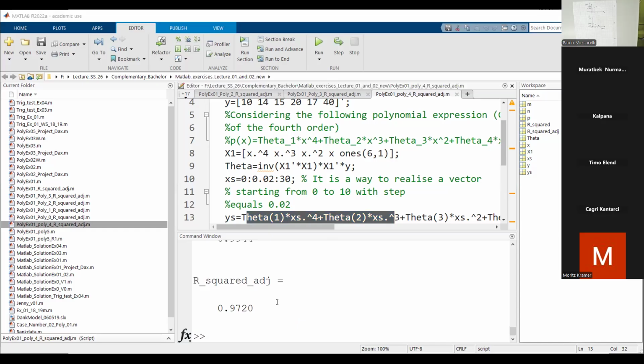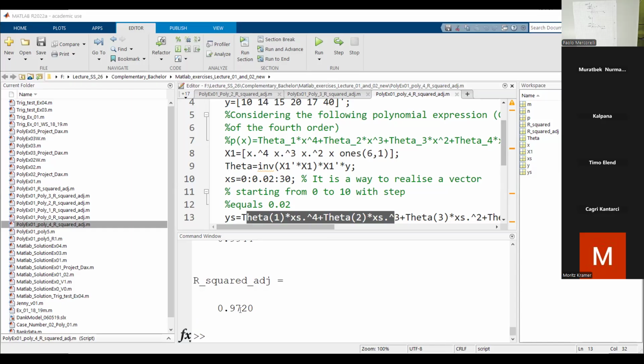The R squared is still increasing. And now the R squared adjusted is increasing. This means the polynomial order 3 is the best one.